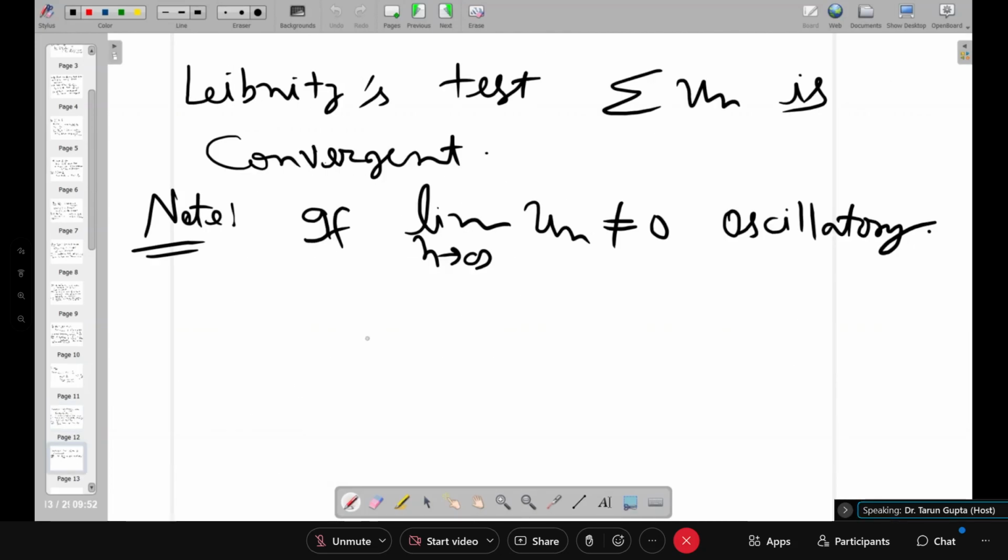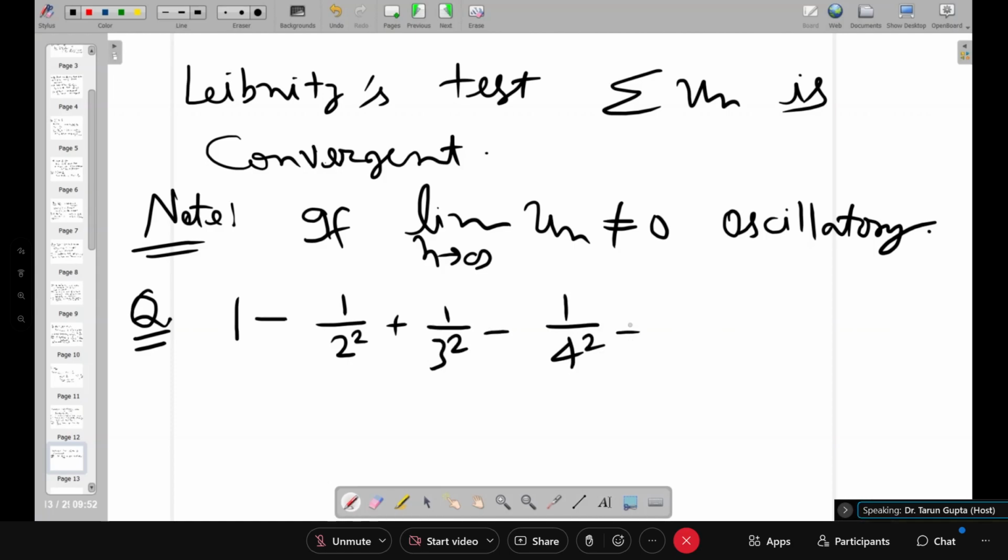Now we take one example. The question is, the given series 1 minus 1 upon 2 square plus 1 upon 3 square minus 1 upon 4 square. This is our series. You have to check the behavior of this series.